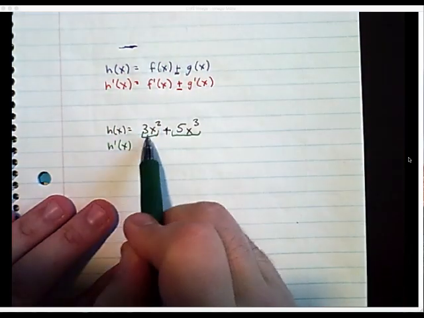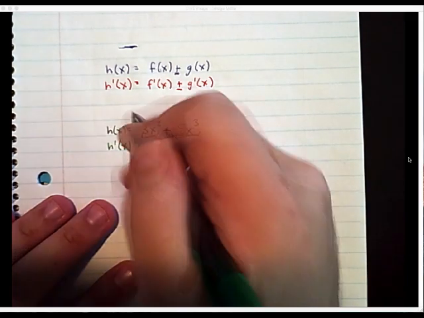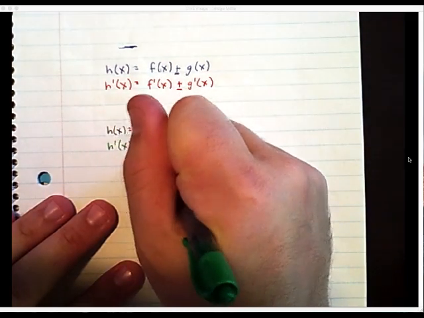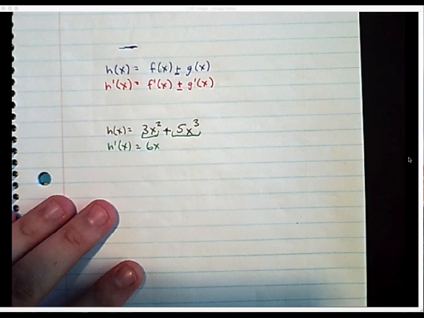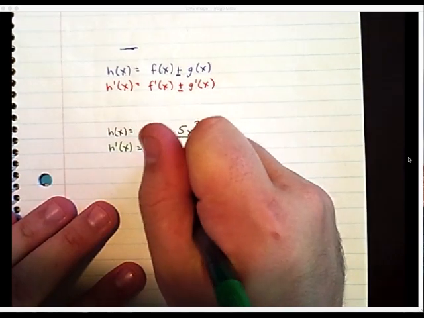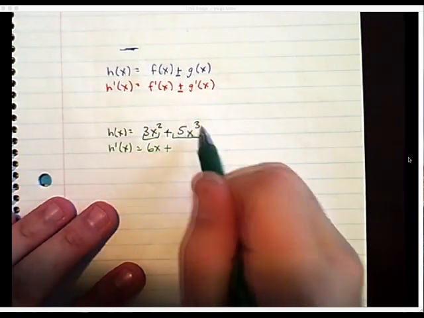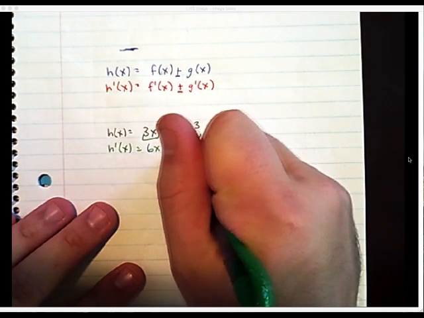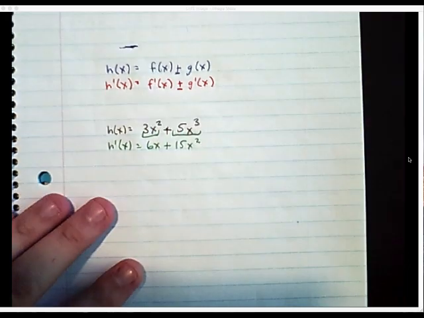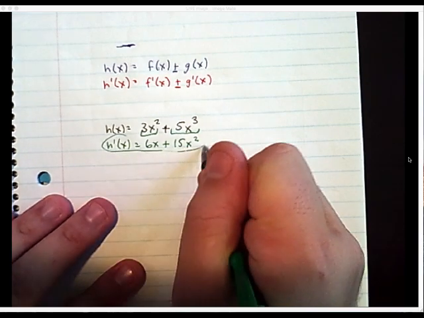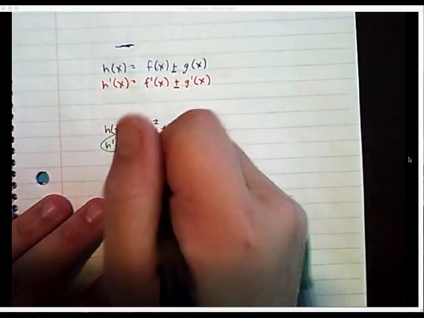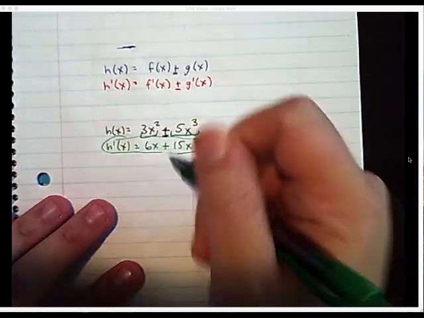So you would do the derivative of 3x squared, so 3 times 2 is 6, reduce the power by 1, so it's just x to the first. Then you keep the sign the same, plus, and then you do the derivative of this term. 5 times 3 is 15, reduce the power by 1. So fairly straightforward. And if it was a minus sign there, then that would also be a minus sign.